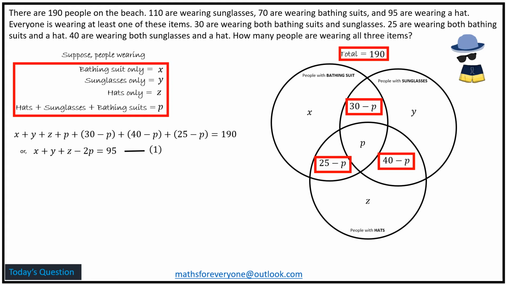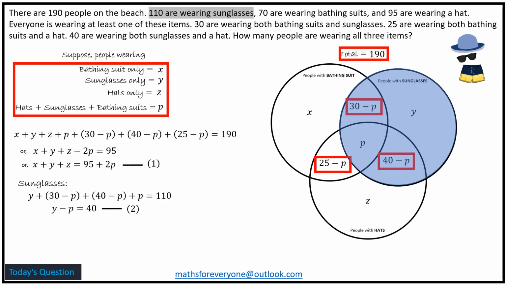Then we can find the total number of people wearing sunglasses, and because we have that value given to us, we can equate it to 110. So we have the number of sunglasses. We've started with sunglasses because that's first here. So we get Y, and you add 30 minus B, and you add 40 minus B, and plus B.